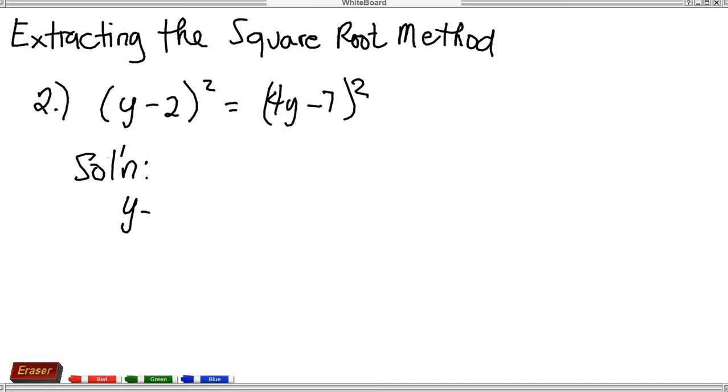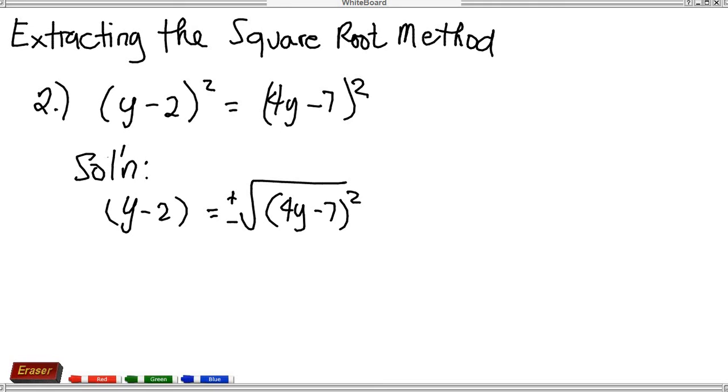So you have y − 2 equals the square root of (4y − 7)^2, which is plus or minus. Then we cancel the square. So what we have is y − 2 = ±(4y − 7).